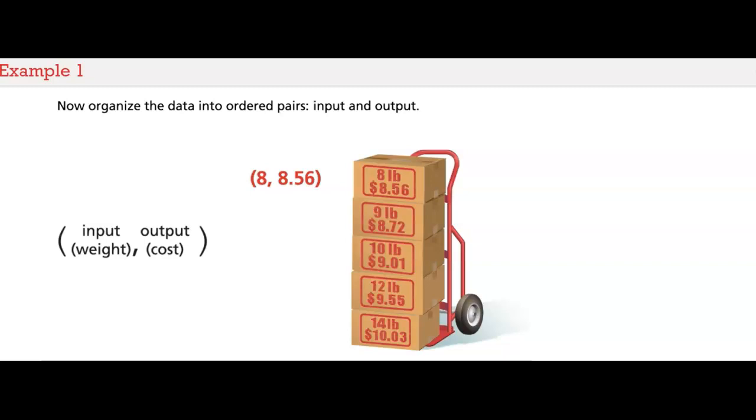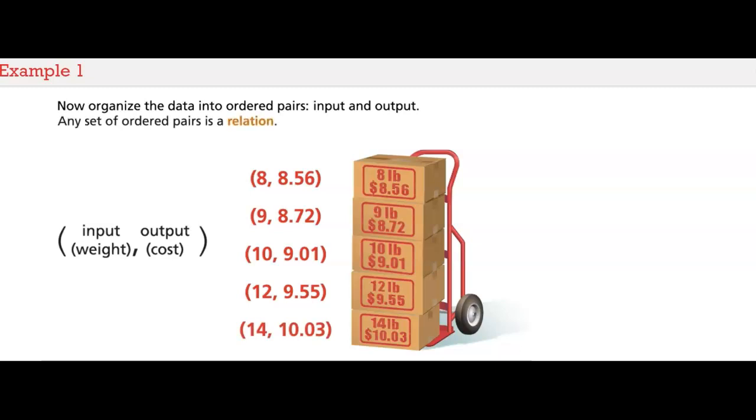The next box weighs 9 pounds and costs $8.72. 10 pounds costs $9.01. 12 pounds costs $9.55. And 14 pounds costs $10.03. Any set of ordered pairs, like the 5 we have here, is called a relation.